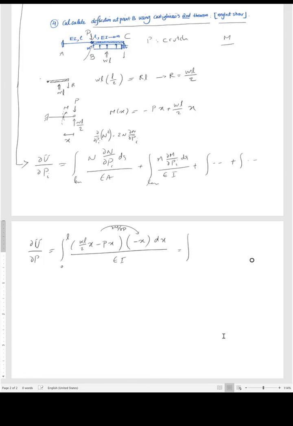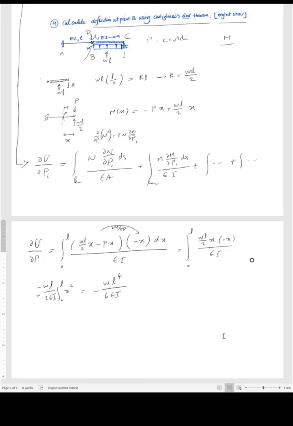So this becomes the integral from 0 to L of WL over 2 x times negative x over EI, which is equal to WL over 2EI times x squared, negative, WL to the 4th power over 6L.